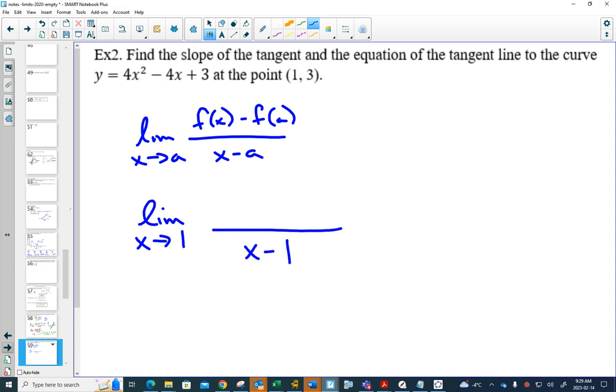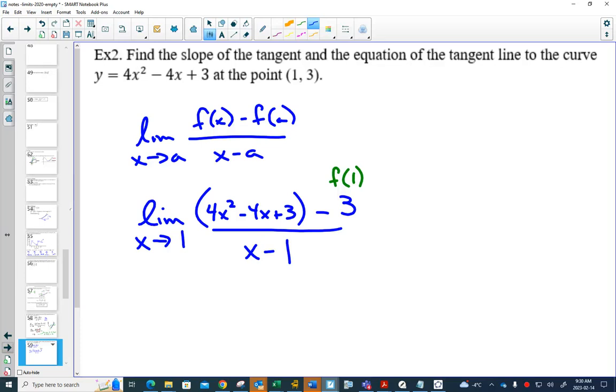On the top, f of x is just our original equation, 4x squared minus 4x plus 3, minus f of a. f of a is just your y coordinate. This technically, in our example, would be f of 1, and you could plug 1 into the equation and figure it out. But I hope, since they gave you the point, you already see they figured that out for you. Saves you some time. The y value is already given to be 3 when x is 1.